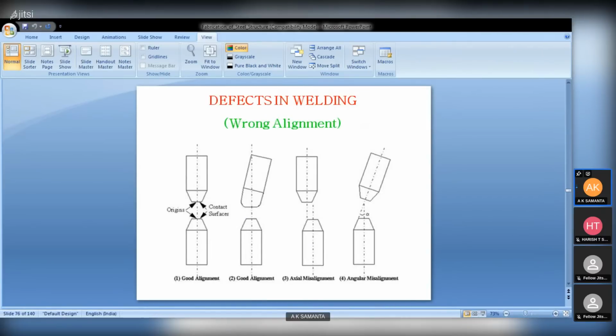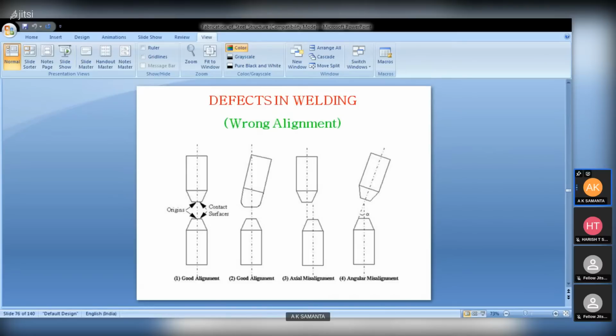Now this is a simple figure; you can see and understand what I am telling about misalignment. During welding it will be straight, but after welding when the weld pool shrinks, it will be distorted and misalignment will take place. That's why it is suggested that full welding should not be done in one go. We should give some time for the weld pool to cool, and during cooling some bend will be there.